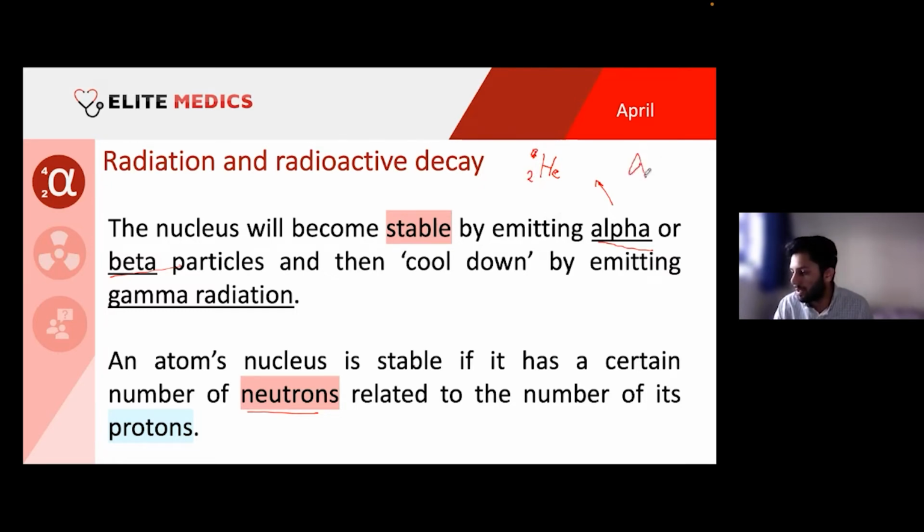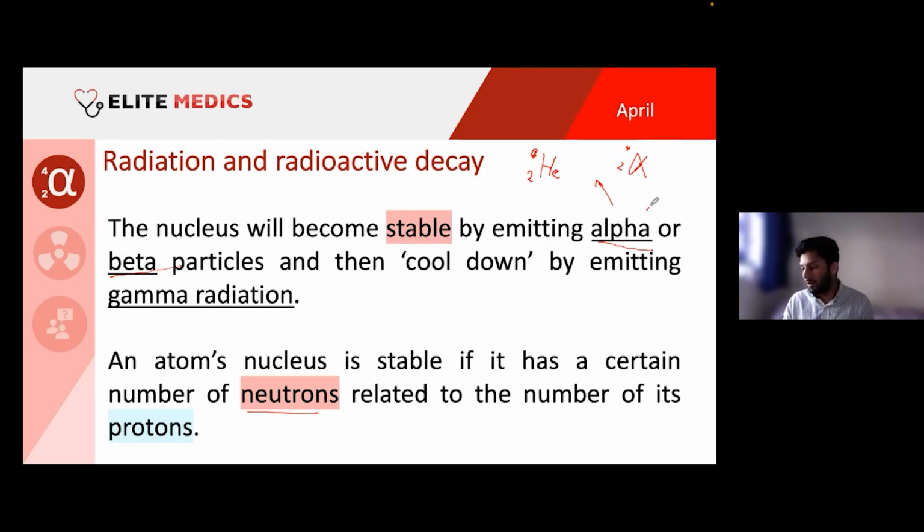We can also represent it without using the word helium. We can just write the symbol for alpha and put a 4 and a 2. And that is an alpha particle, because an alpha particle is a nucleus or a particle of 2 protons plus 2 neutrons. So it gives it a mass number of 4 and an atomic number of 2.